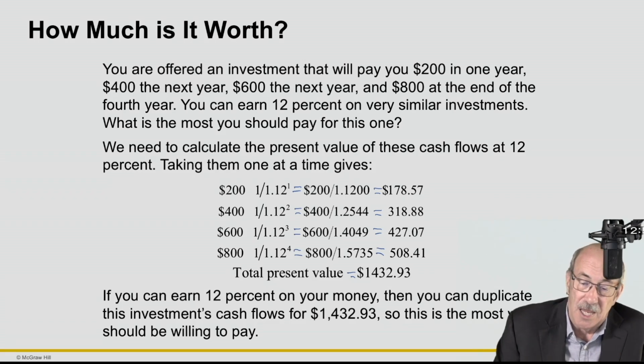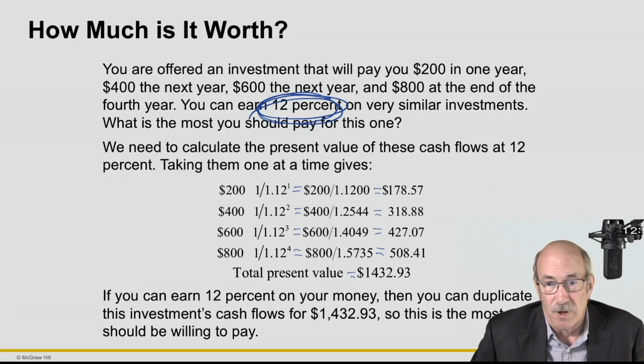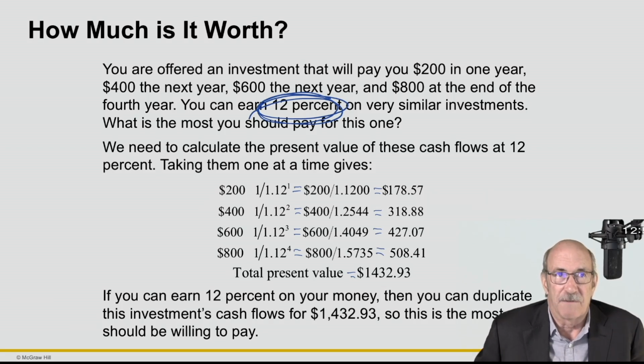We're using a 12% rate. This is an investment that should yield 12%. So the question being asked here is, if you were to be offered these 4 cash flows, what's the most that you would be willing to pay if the discount rate is 12%?